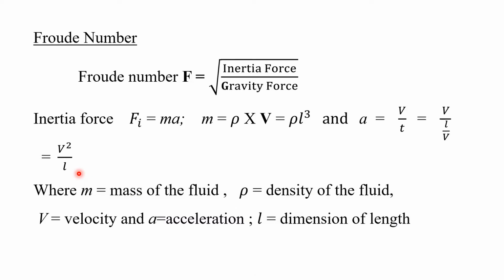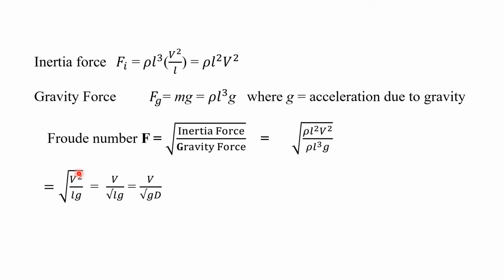Putting all these values into the equation of inertia force, we get Fi equals rho L cube into V square by L, which is equal to rho L square into V square. Gravity force Fg is equal to m into g. Again, m can be written as rho L cube. So, Fg is equal to rho L cube into g.